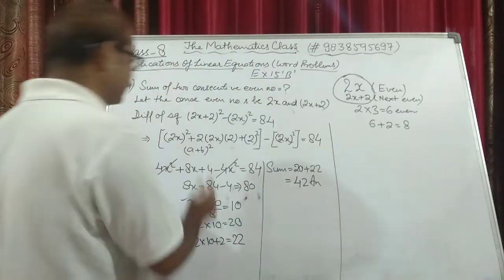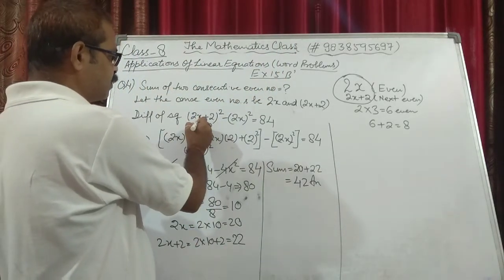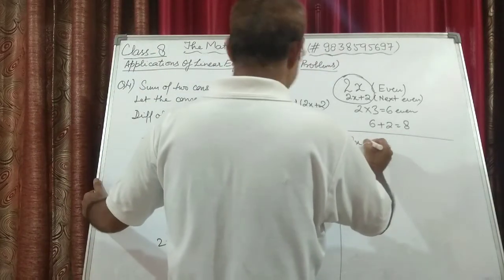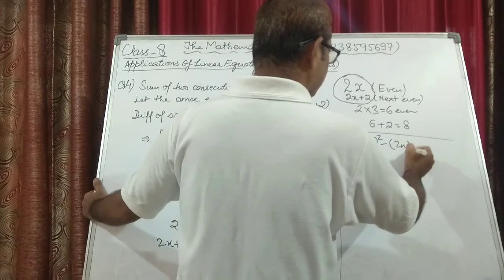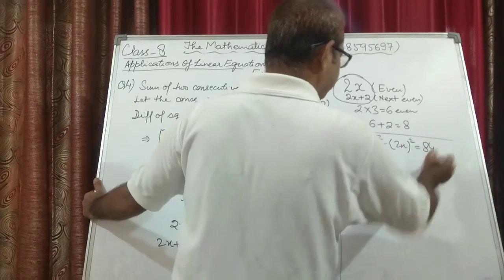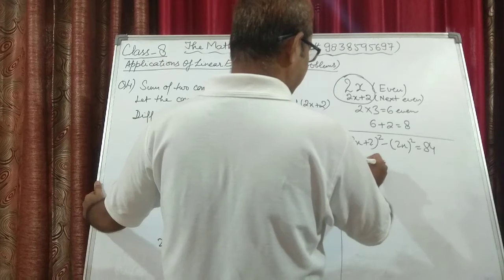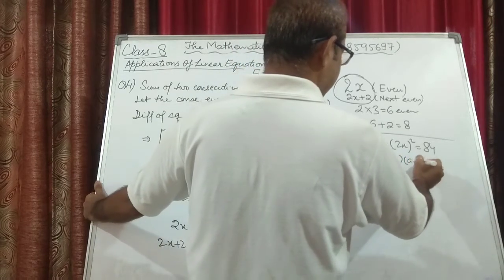One more thing, we could have solved this in another form. This can be written as (2x plus 2) whole square minus (2x) whole square is equal to 84. We know the formula a square minus b square can be written as (a plus b) into (a minus b).